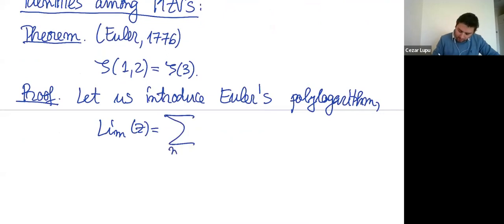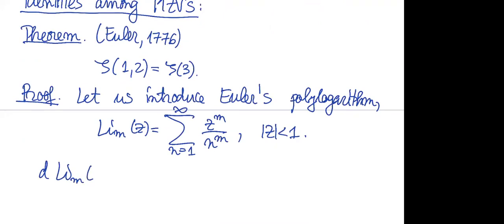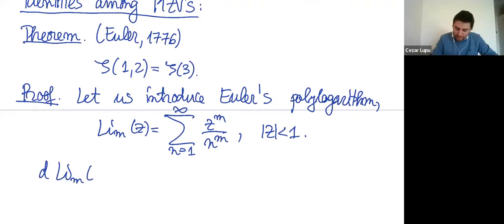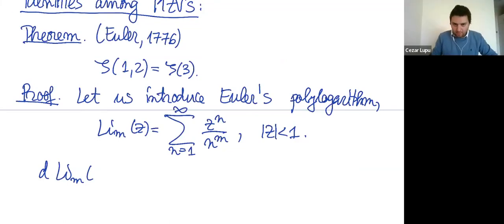It is given by this series, the sum of z to the n over n to the power m, for complex values of z with absolute value less than 1. Sorry, is it z to the n? Z to the power m? Sorry, to the n. Yes, you're right. To the n, correct. Yes, and that's the correct function.